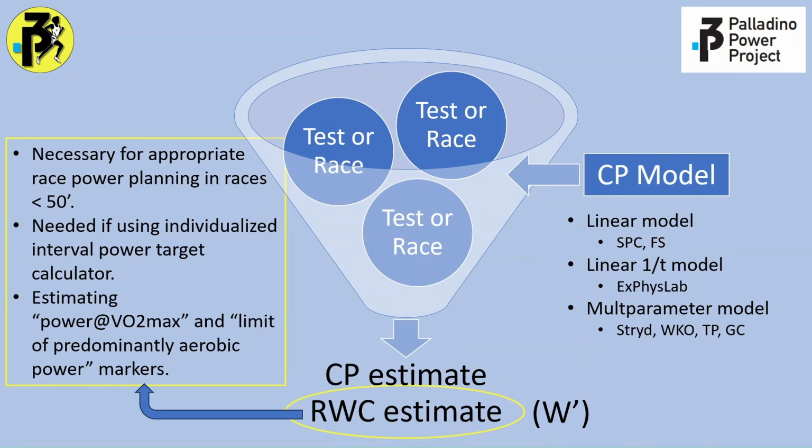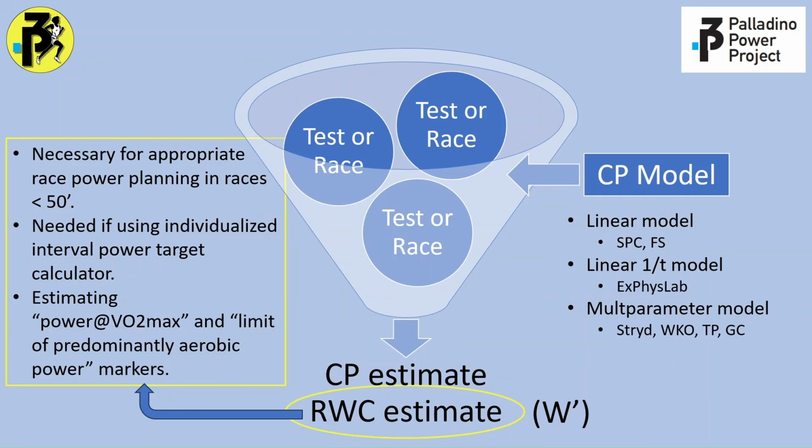In the scientific literature, it's typically referred to as W prime. I don't use that. I use reserve work capacity because it's a little bit more explanatory. It's the reserve amount of work that you can do above CP when you're at intensities above CP.